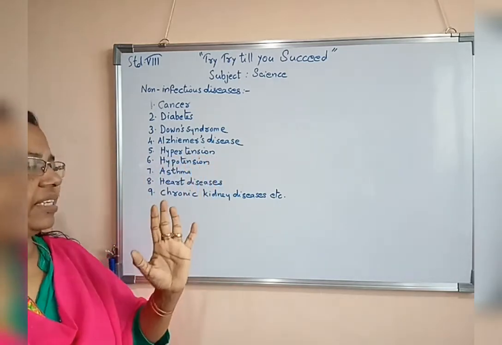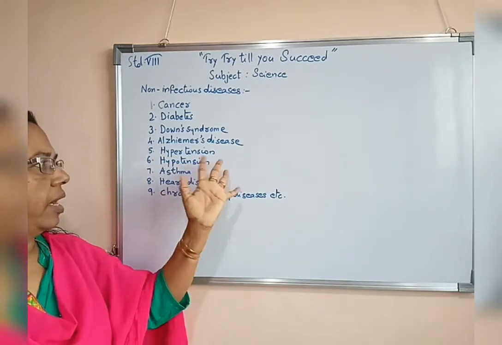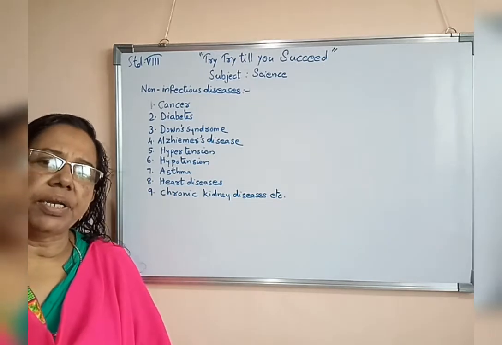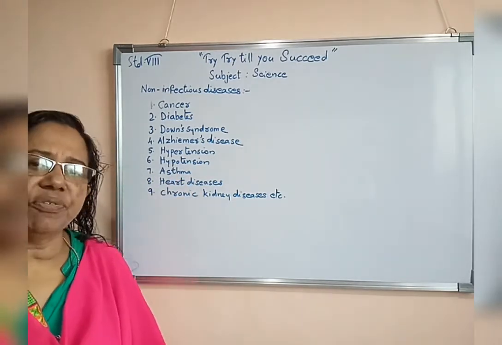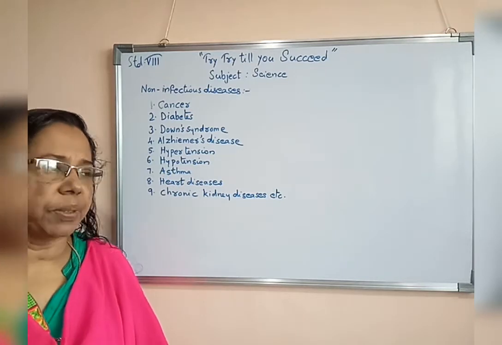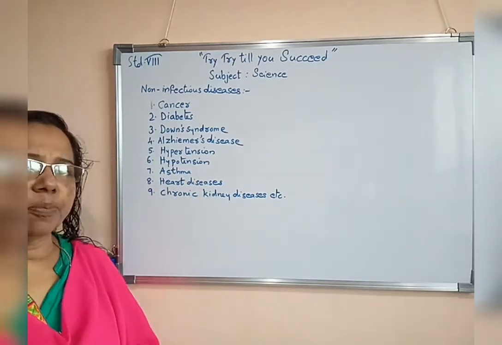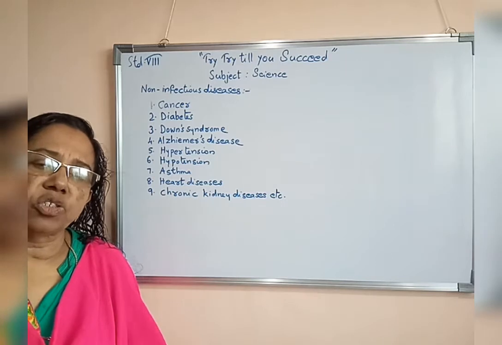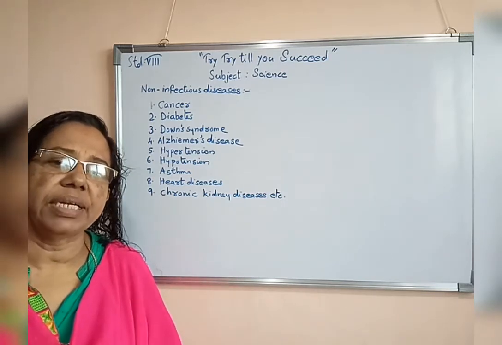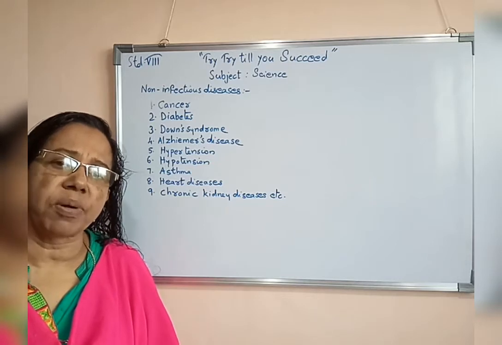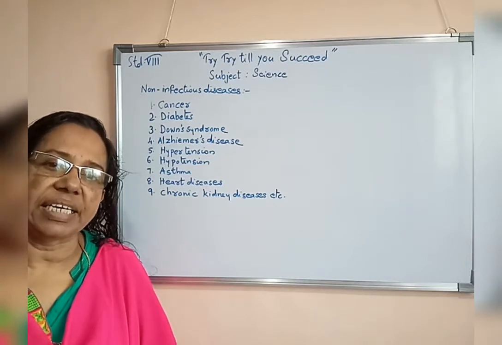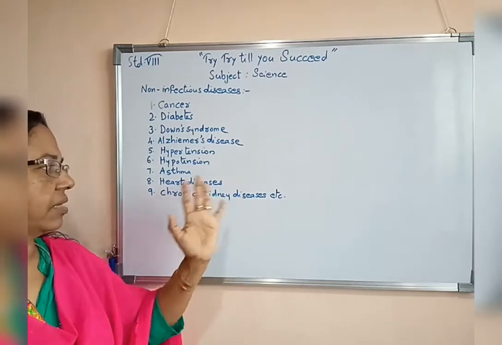Other one, hypertension, that is high BP, then low BP, that is related to our blood circulation. Then asthma, severe cough occurs in people. Then heart related problems, so much cholesterol problem, if more and more cholesterol is there, then a heart attack occurs, such a disease is known as a heart disease.